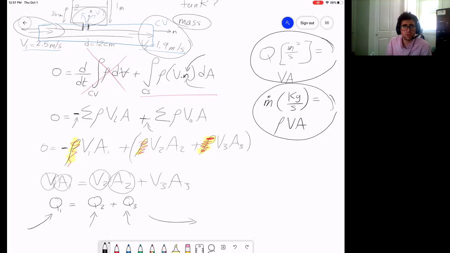Do we know A3, the area of the pipe or the tubing here? No, the problem did not mention. So it's best to leave V3 A3 as Q3 and solve for Q3. So Q3 is equal to a value.